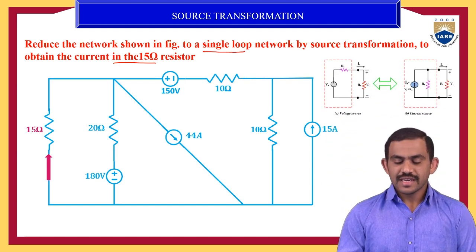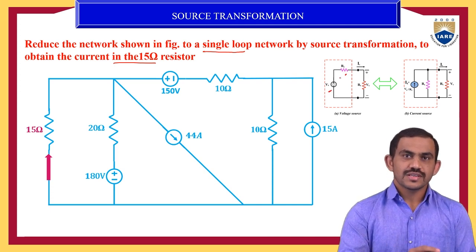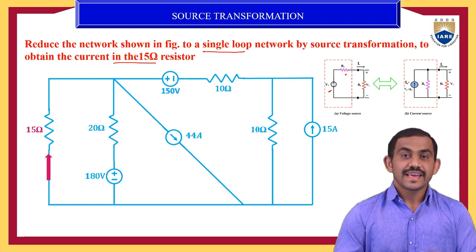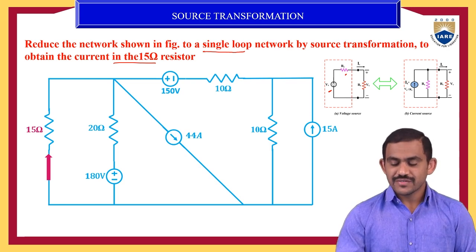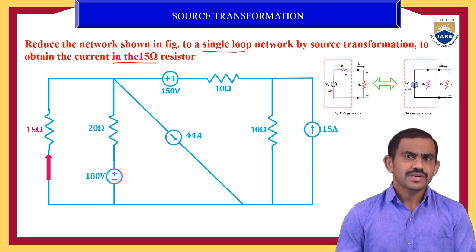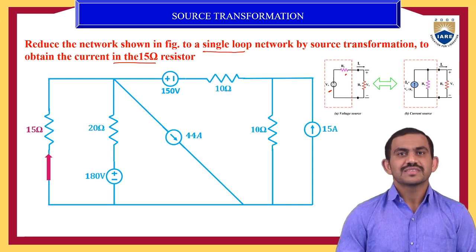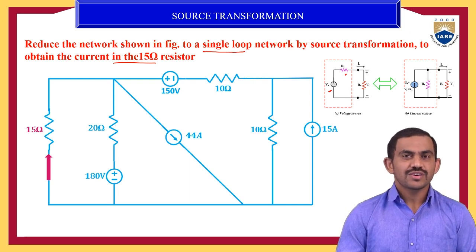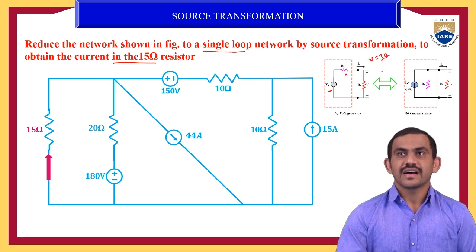Here I have one voltage source in series with one resistor, which can be converted to a current source in parallel with the same resistor. The resistor value is the same. Then what about the current value? For that, we have Ohm's law: V equal to IR, so I equal to V by R.